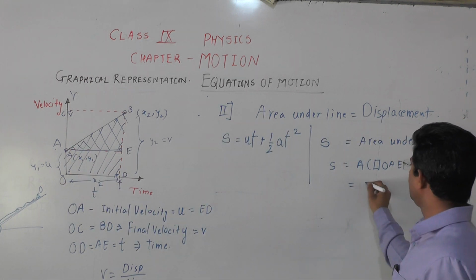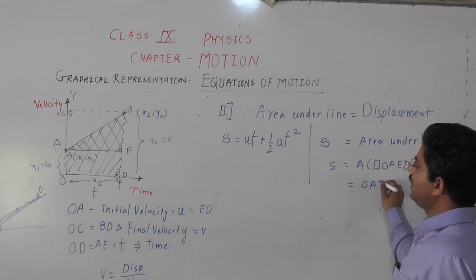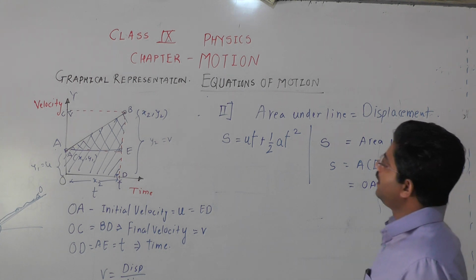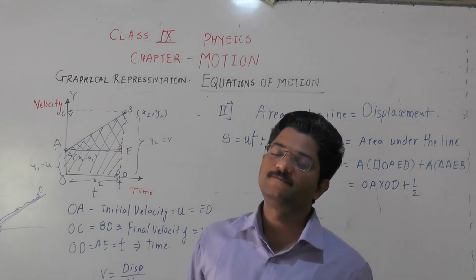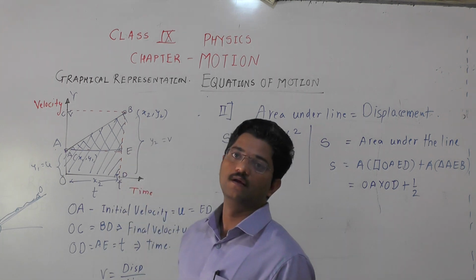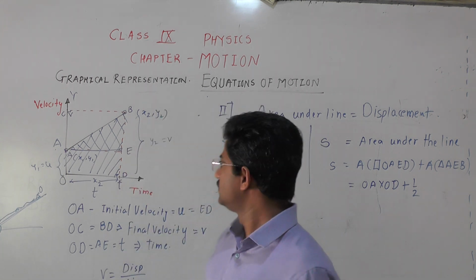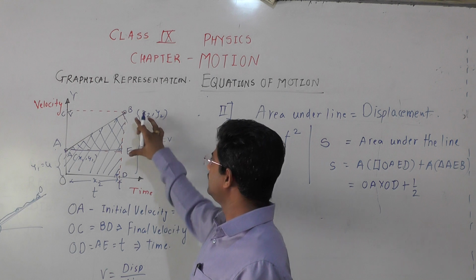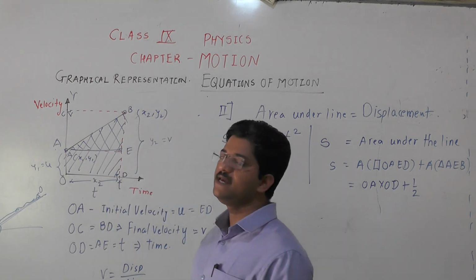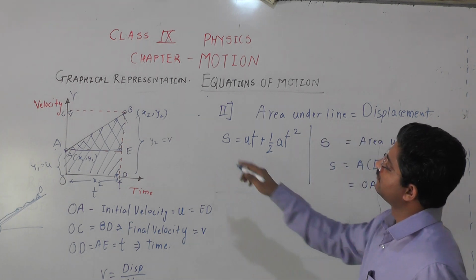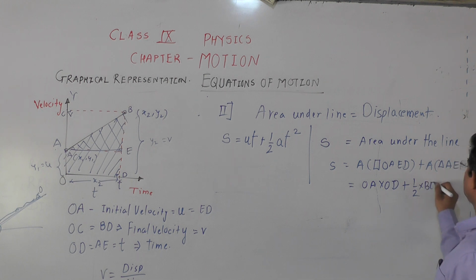So I write it as OA into OD plus the area of triangle AEB, which will be 1/2 into height into base. Here the perpendicular is already there. You can assume BE as height and AE as base. So 1/2 into, we regard height as BE into base as AE.